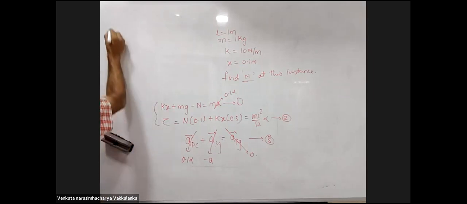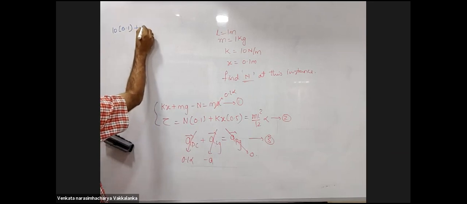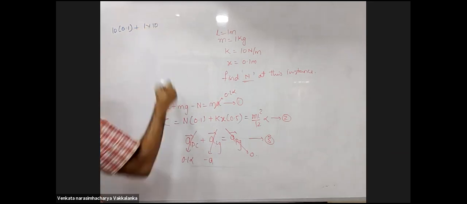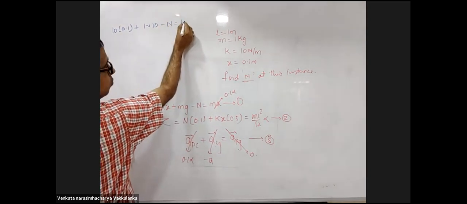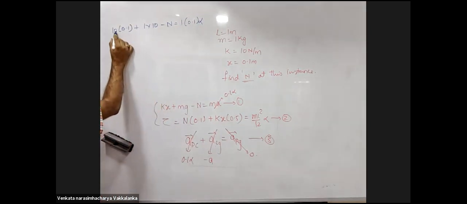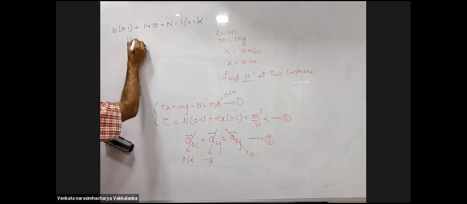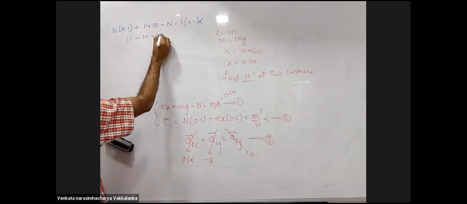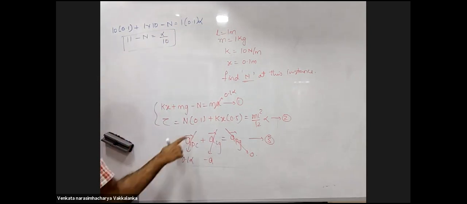K value is given as 10 into 0.1 plus 1 into 10, that is mg minus N, equals mass 1 into 0.1 alpha. So 10 into 0.1 is 1, plus 10 is 11, minus N is alpha by 10. This is my first equation.